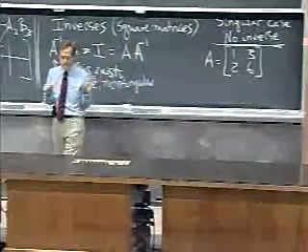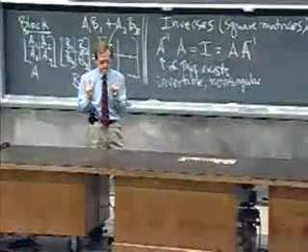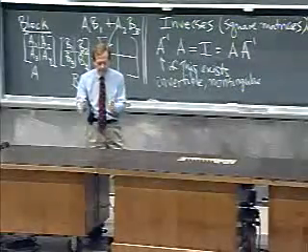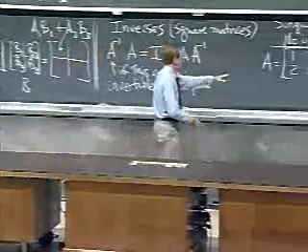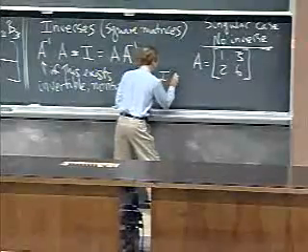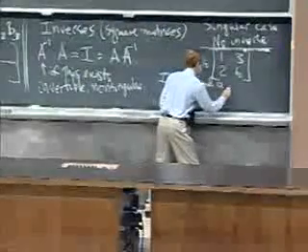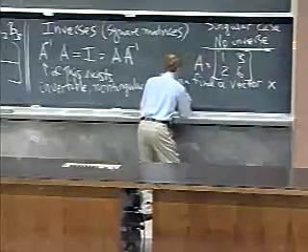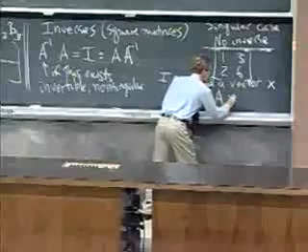A square matrix won't have an inverse if I can find a vector x with A times x giving 0.